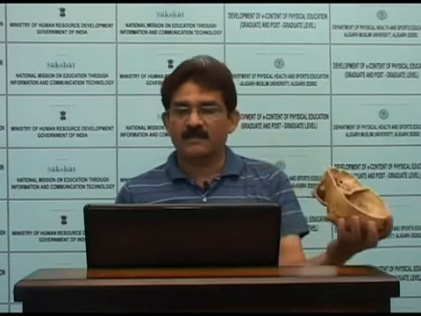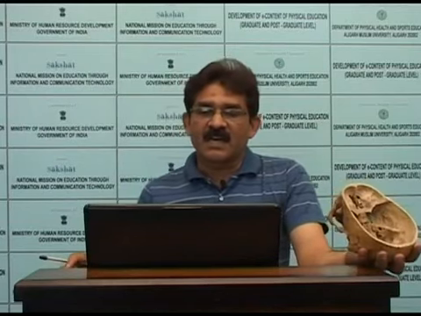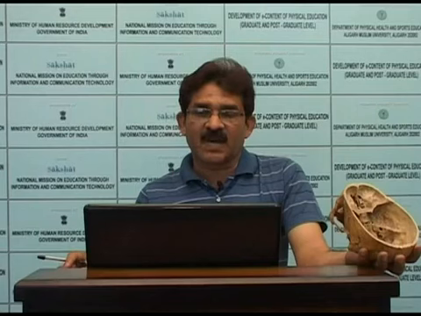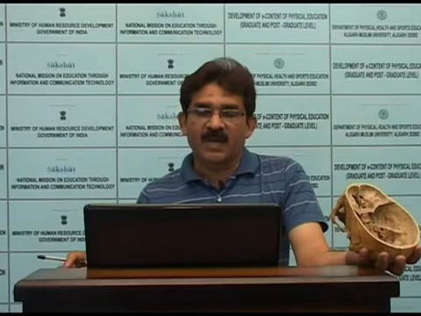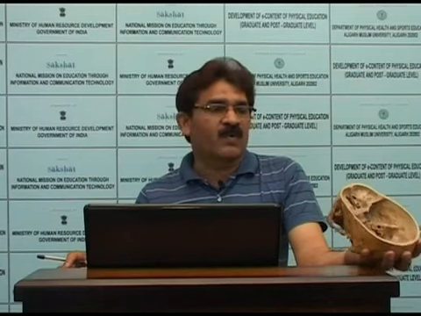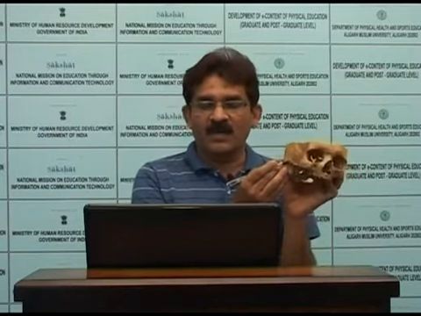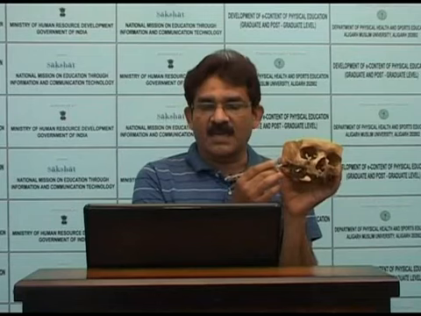The external acoustic meatus, or ear canal, and the pointed styloid process are considered to be located in the tympanic portion of the temporal bone. This is the temporal bone, with the mastoid process in this area.